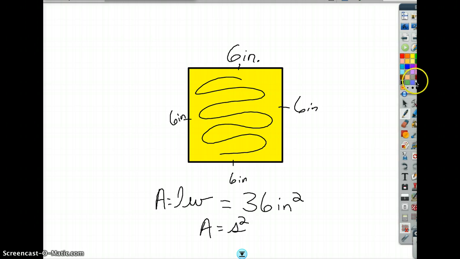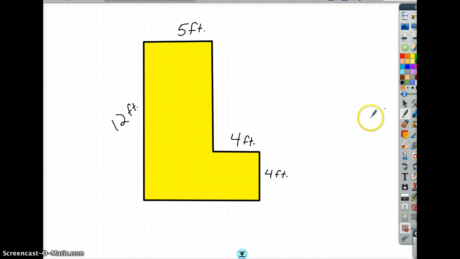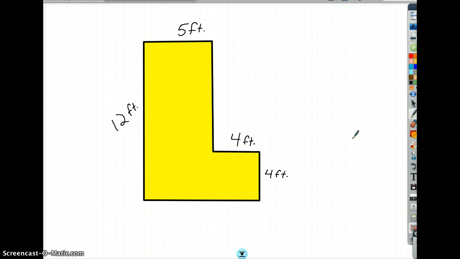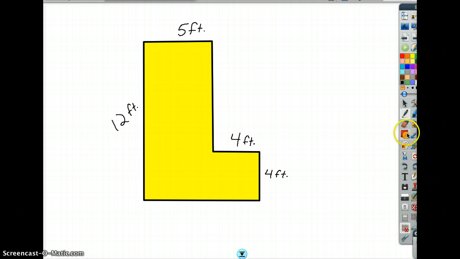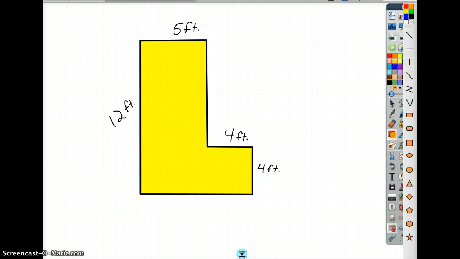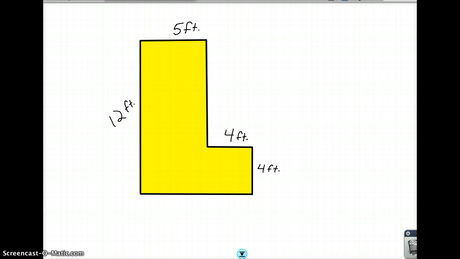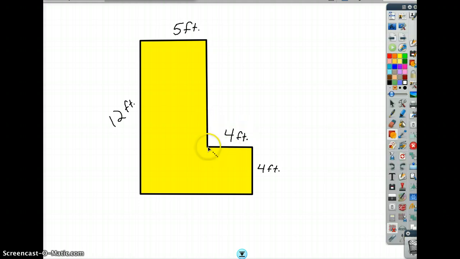Okay? We remember that. Here's a different shape, though, and we've done a few of these before as well, so maybe you could stop the video right here and scratch out what you think would be the area of the thing. Now, before you begin, I should say that you probably want to consider this to be two shapes.